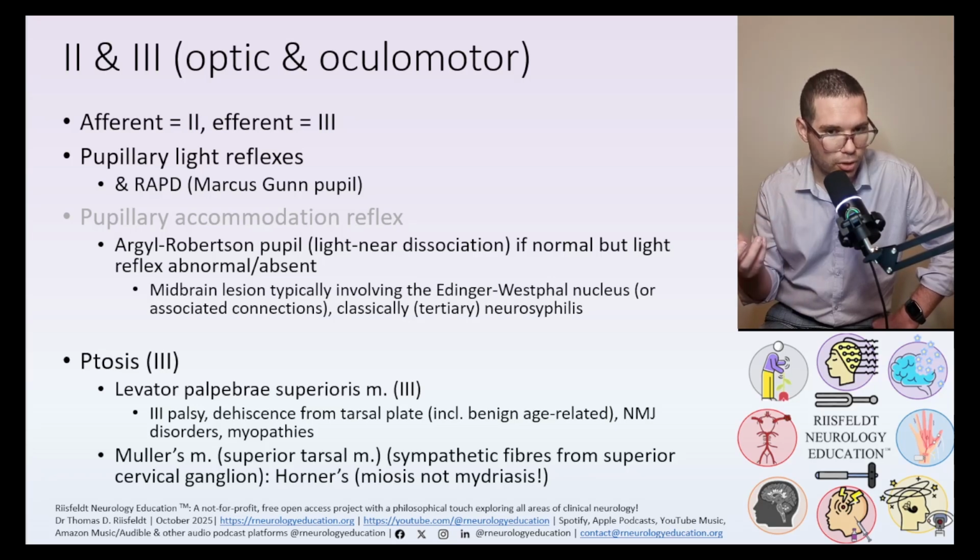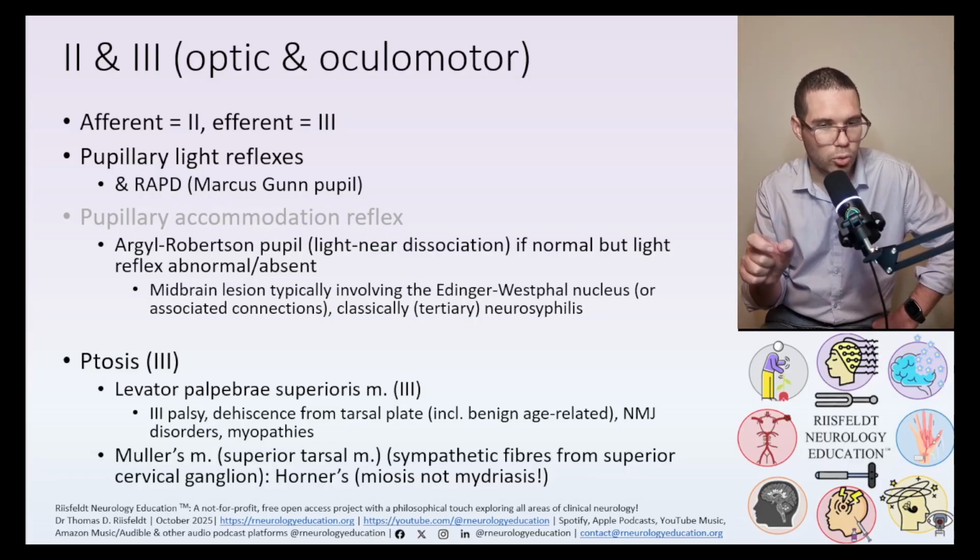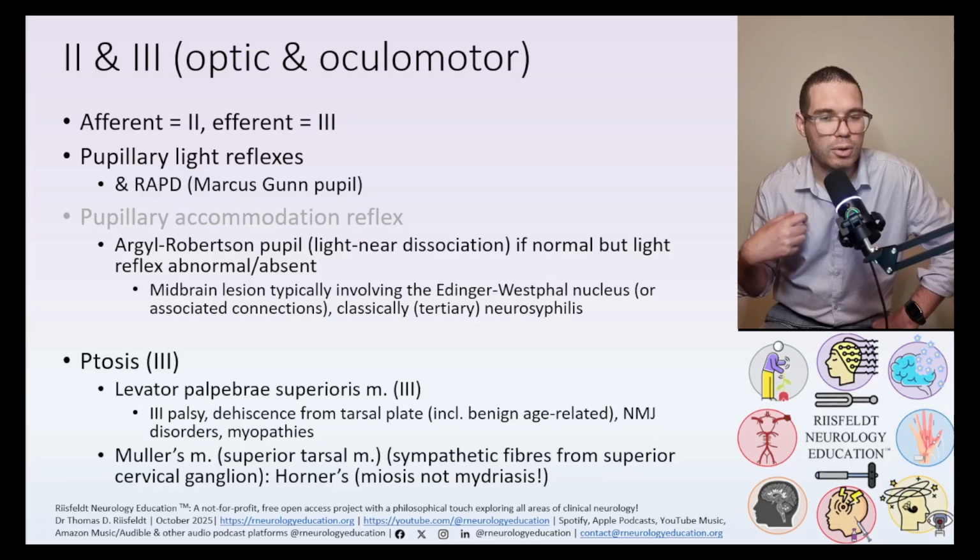So, as we all know, in a Horner's syndrome, you get the triad of partial ptosis, meiosis, and anhidrosis. It's pretty hard to examine for anhidrosis, but the pupil is the key. So you should have a small pupil, meiosis. Whereas in a third nerve palsy, you should not have meiosis.